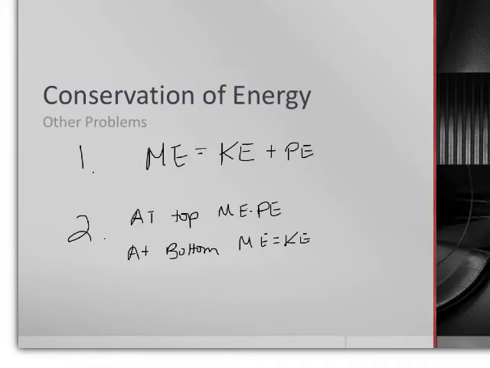Which you could rewrite, and this will come in handy if you follow along: top PE is always equal to the bottom KE. You'll see with the next question why that's important.